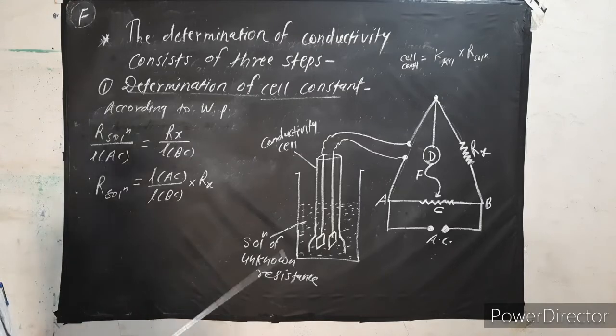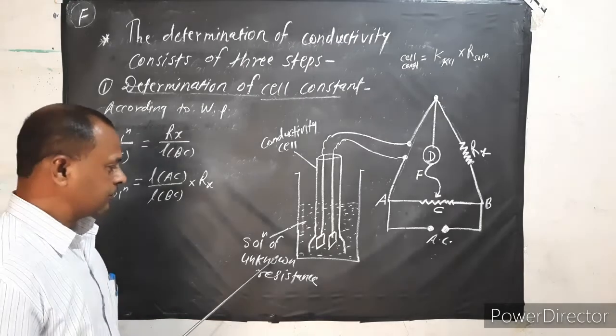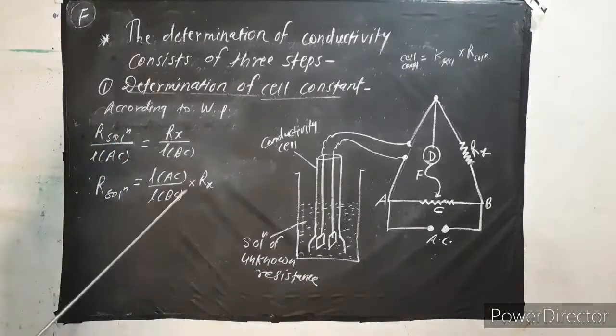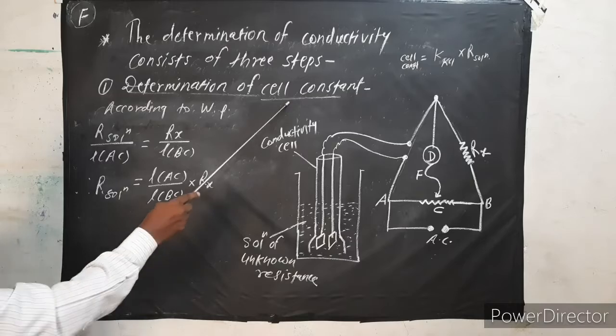Therefore, if you calculate the resistance of the potassium chloride solution, we can easily calculate the cell constant.